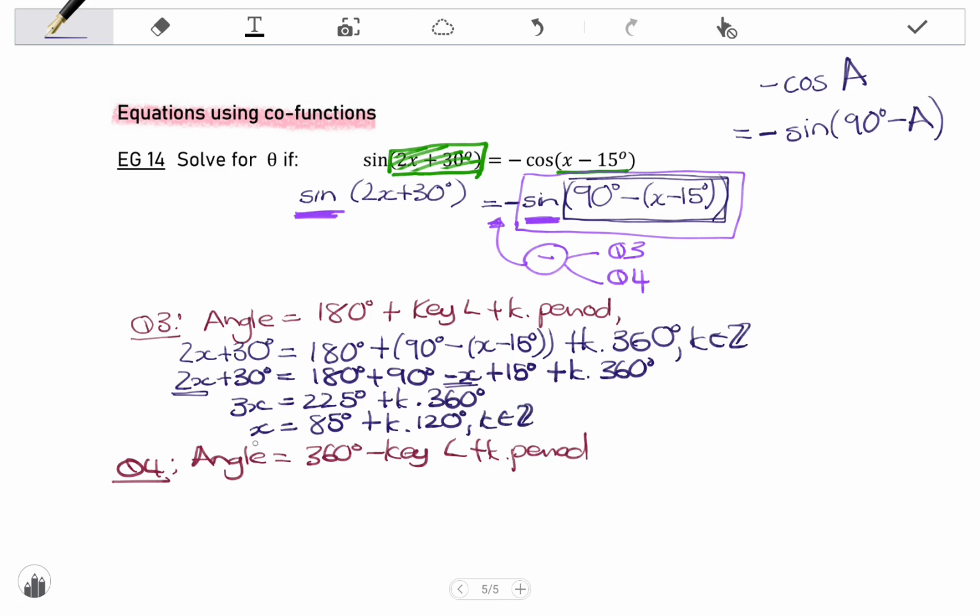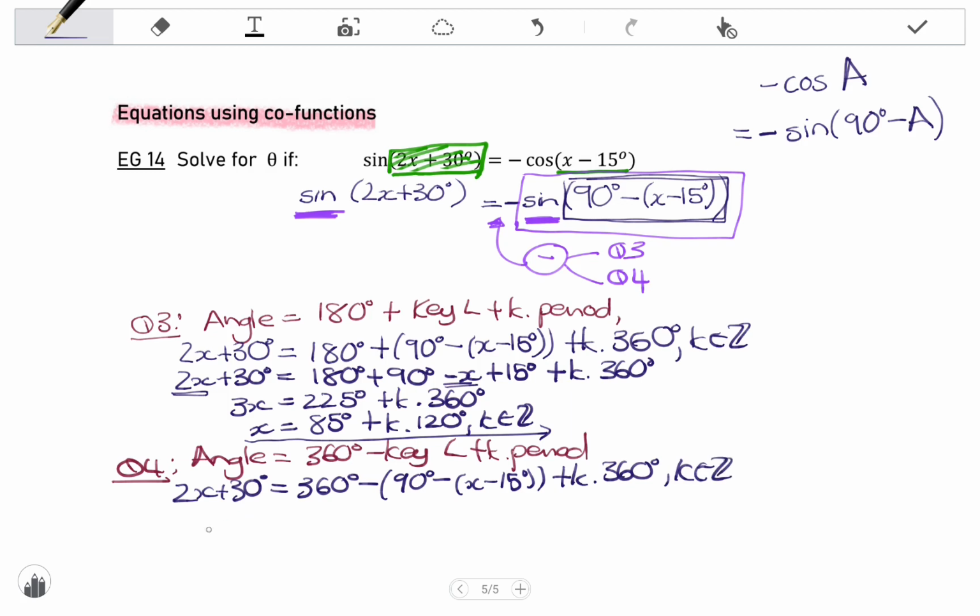So that is the general solution from my third quadrant. Looking at the fourth quadrant, my angle is 2x + 30° = 360° minus the key angle, which from the right hand side is 90° minus (x minus 15°), and then I add k times the period.